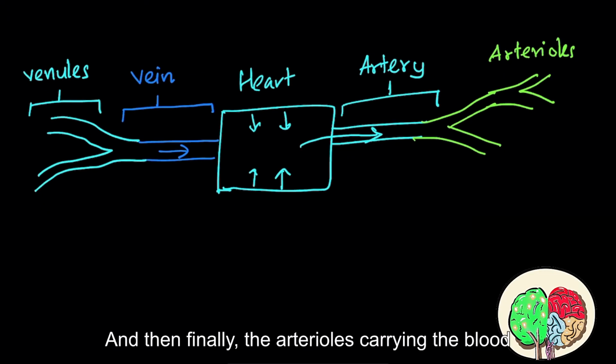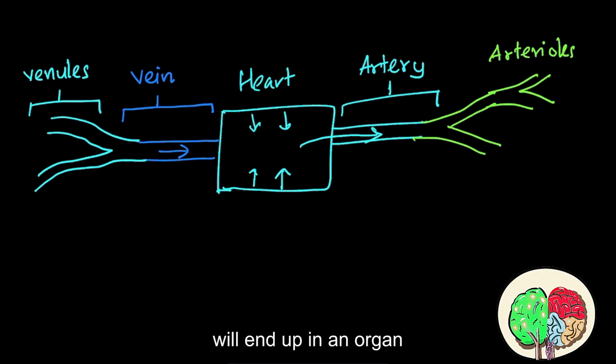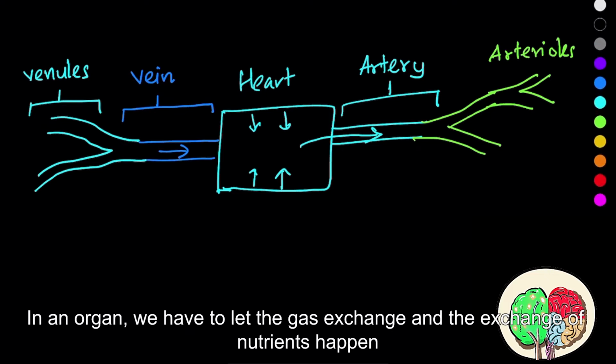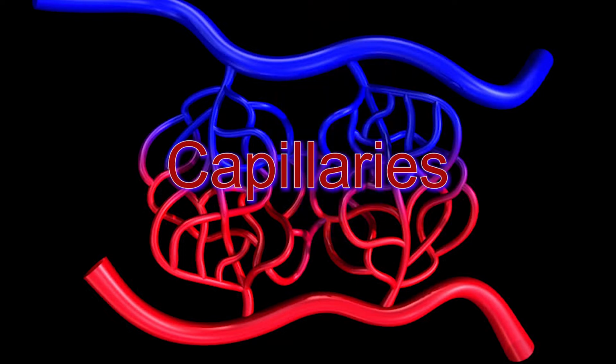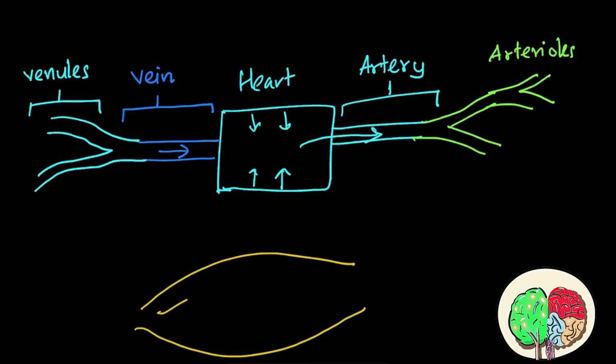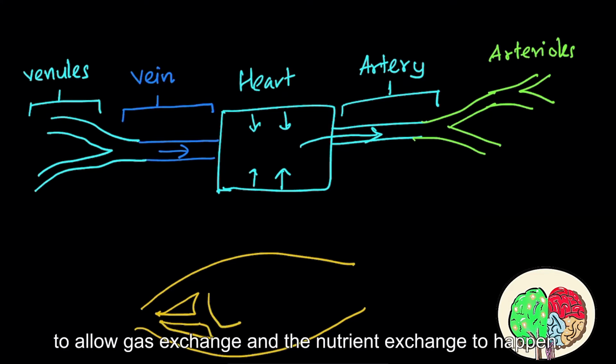And then finally in the organ, the arterioles carrying the blood will end up in an organ. So in an organ, we have to let the gas exchange and the exchange of nutrients happen. And then we need something called capillaries. So the capillaries are there to allow gas exchange and the nutrient exchange to happen.